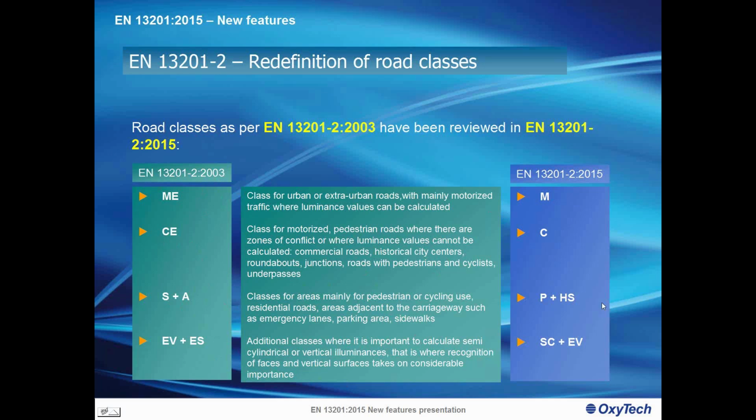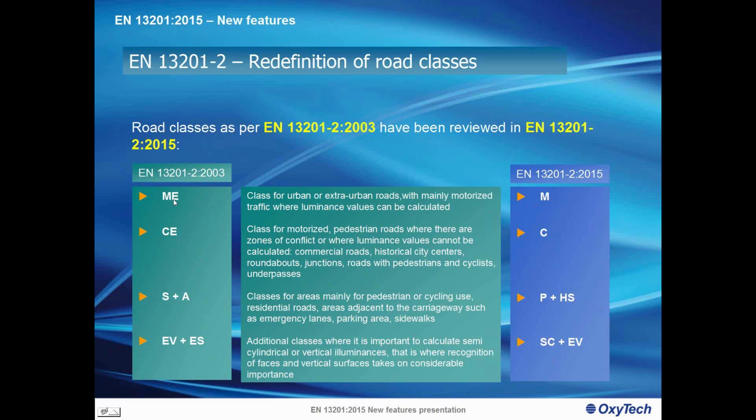The new standard is changing the classes, mostly the names of the classes, because as we will see in a few minutes, practically the values related to any classes remain unchanged.